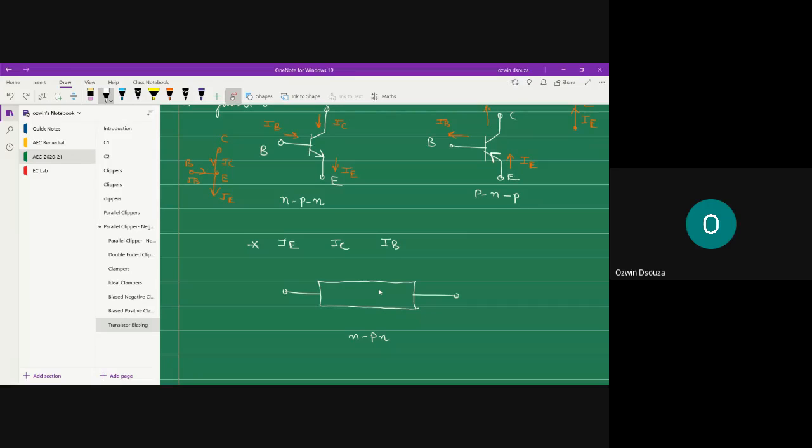So in the device structure, a larger portion of the junction is taken by the two N layers, and the smaller portion is taken by the P layer. And the device structure is such that the outer two layers, that is the outer N layers, will have high doping.